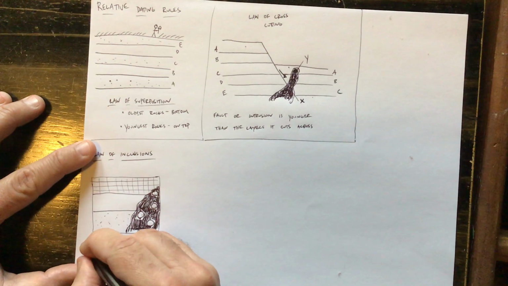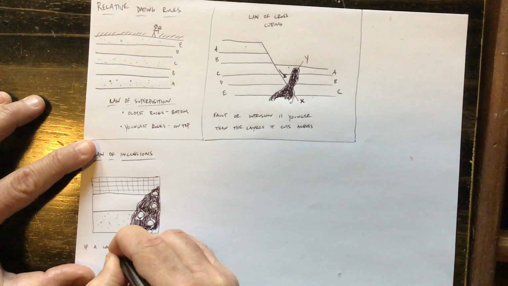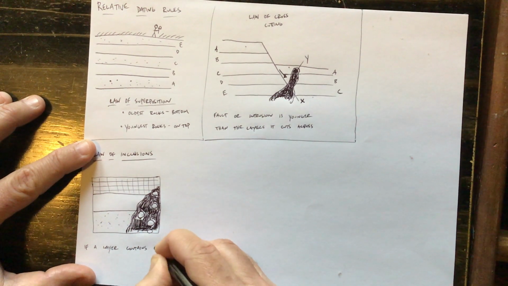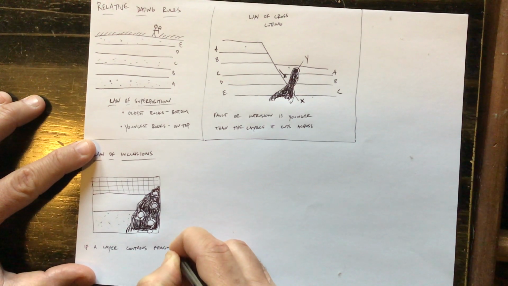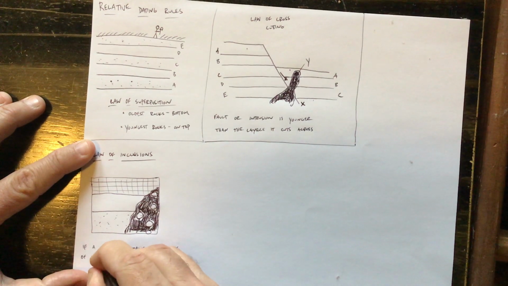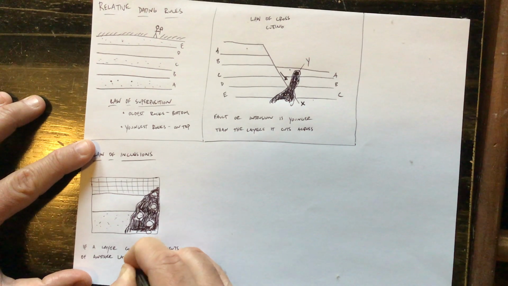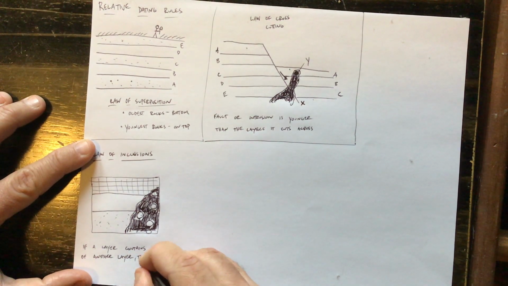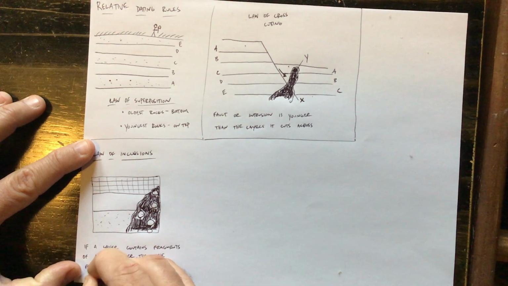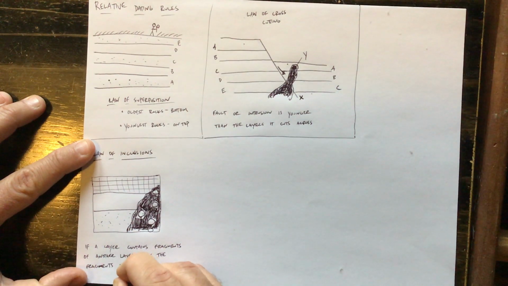So the law of inclusions says if a layer contains fragments of another layer, then the fragments are older.